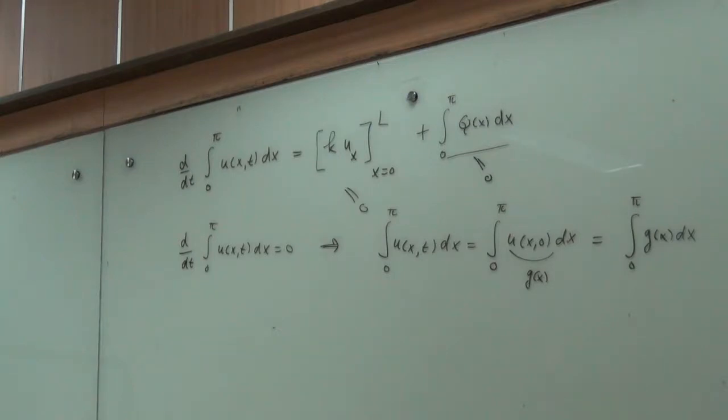So what do I know? This integral is always constant. To what is it constant? 1 over pi, integral from 0 to pi of g(x) dx. That's the average initial temperature.